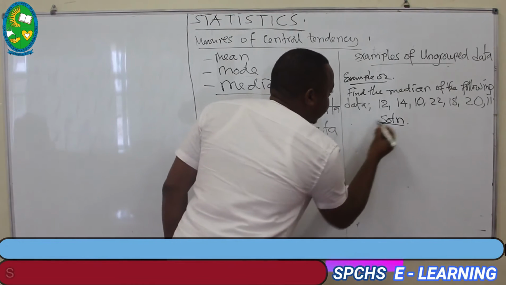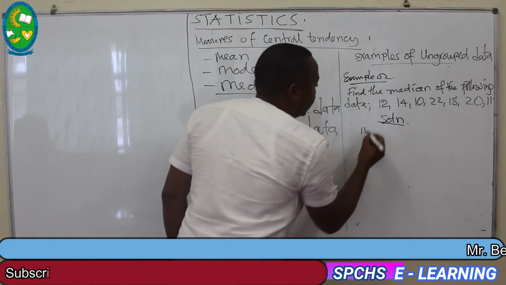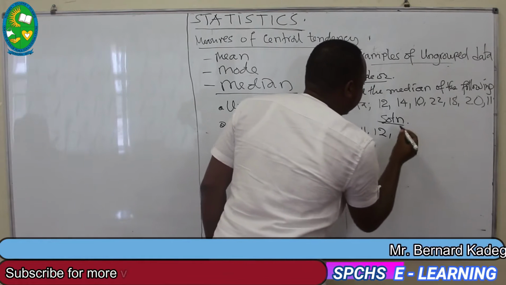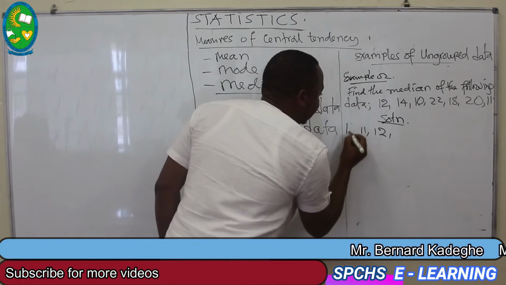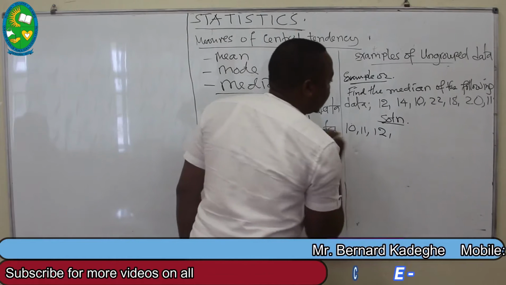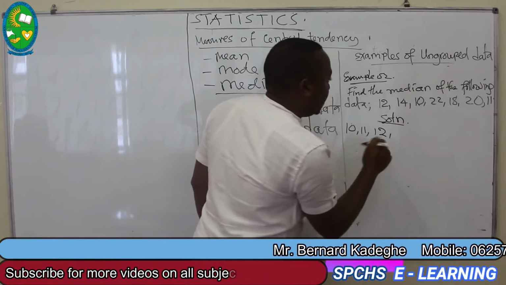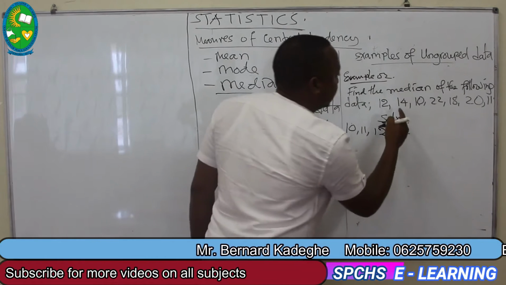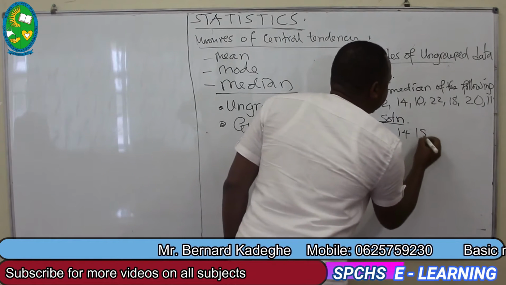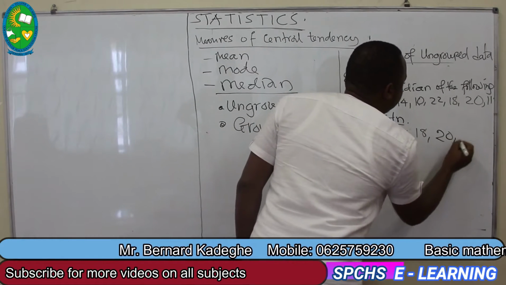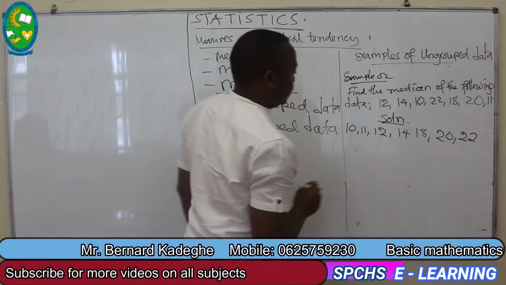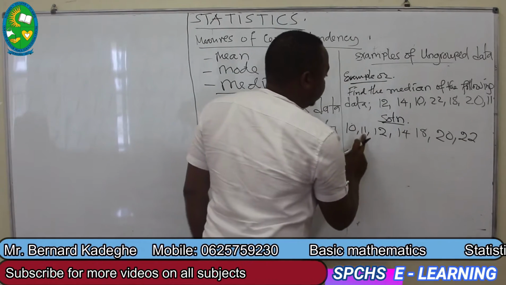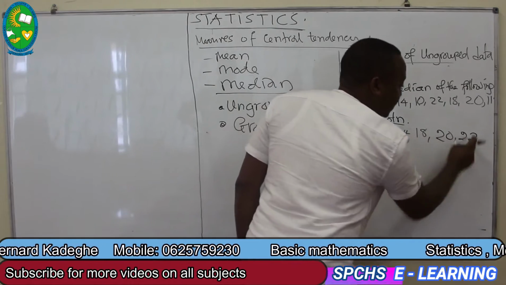The least is 10, we have 11, 12, 14, 18, 20, and 22. 1, 2, 3, 4, 5, 6, 7.